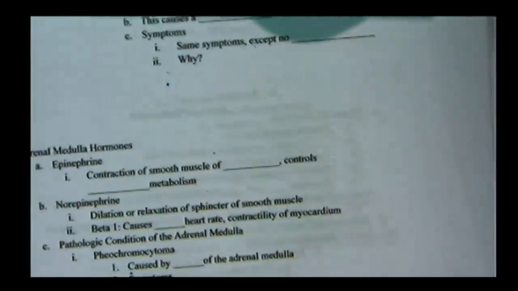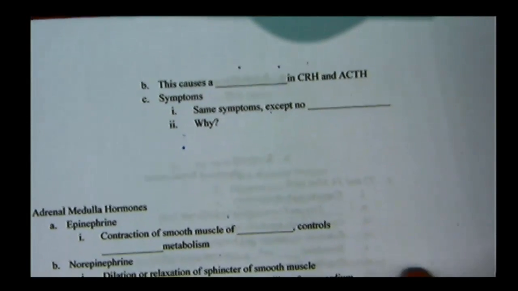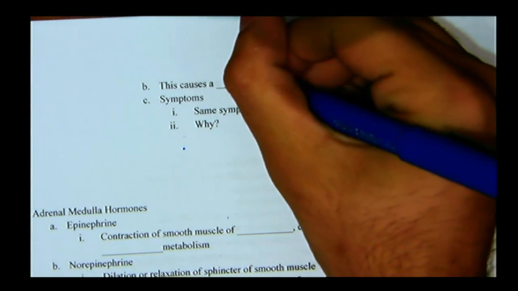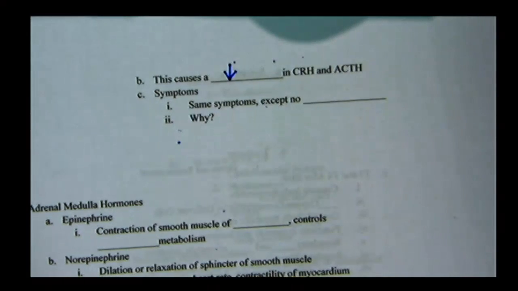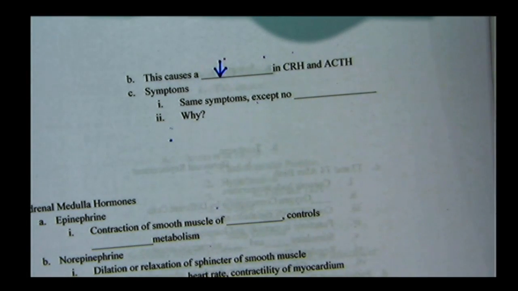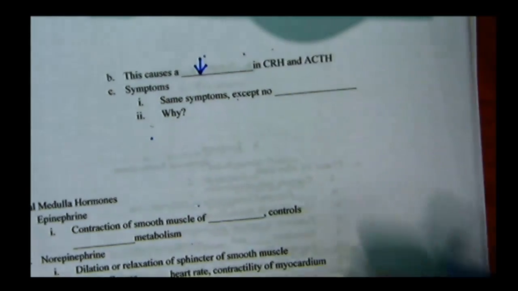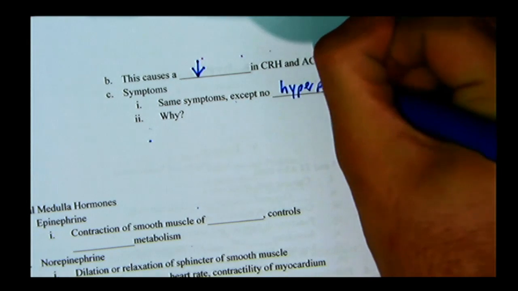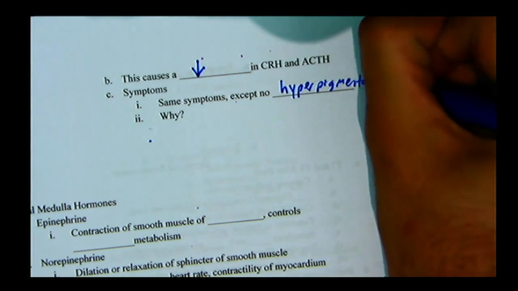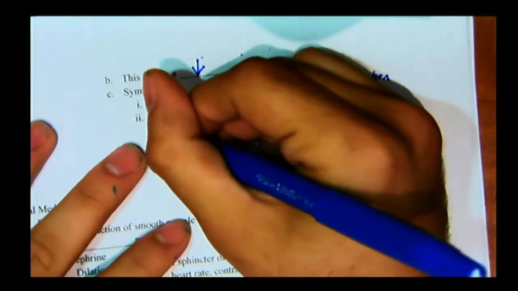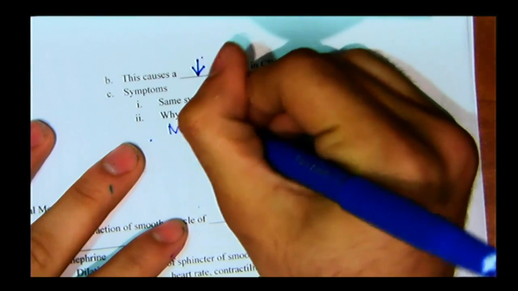So this causes a decrease in CRH and ACTH. So the symptoms are the same symptoms except no hyperpigmentation. So why is there no hyperpigmentation? Yeah, so there's no abnormal increase in CRH.